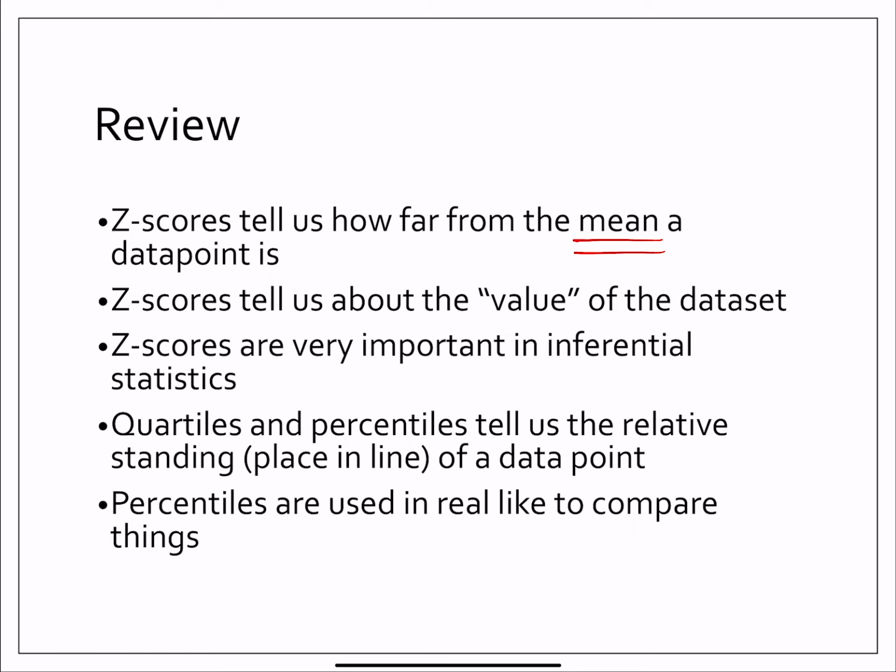So it doesn't really care about the place in line. It more so just cares about what the actual value is. And z-scores are extremely important when we do inferential statistics, because there is a way to tie the z-scores to different probabilities, which basically serves as the bridge between the z-score stuff and the median or percentile stuff.